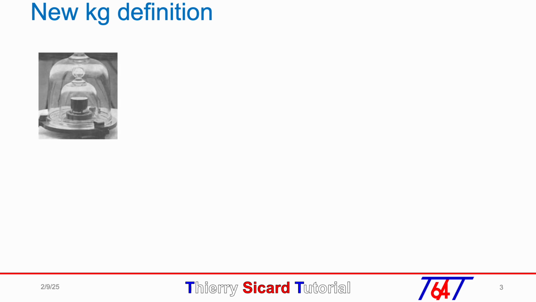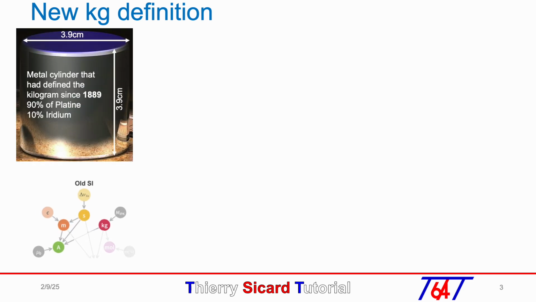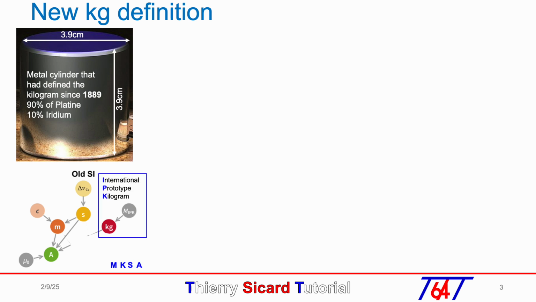The MKSA International Unit System is based on the 4 main units: M for the distance in meter, K for the mass in kilogram, S for the time in second, and A for the electrical current in ampere.